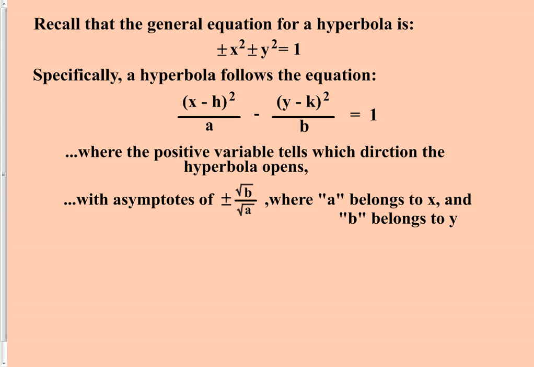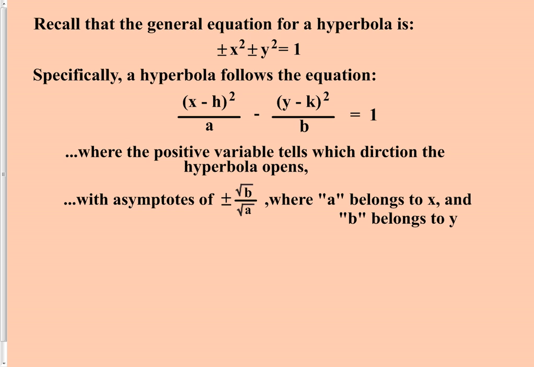And the asymptotes are going to be the result of a ratio where we have the square root of the b denominator in our numerator, and the square root of the a denominator in our denominator. And please notice I put the note on there, a belongs to x and b belongs to y.